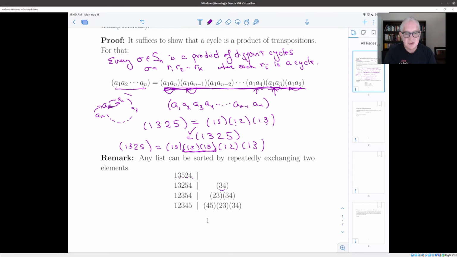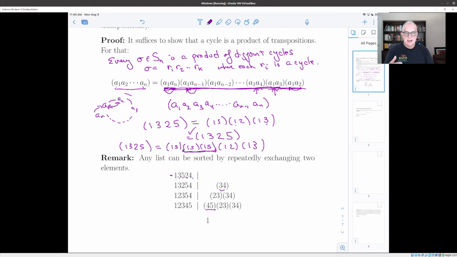Now I've moved 2 into the second position, but I've still got 5 and 4 in the wrong places, in positions 4 and 5. So I put this permutation in, and it flips them back. And so the permutation (3 4)(2 3)(4 5), or (4 5)(2 3)(3 4), depending on how you read it, will take this list and sort it into order.